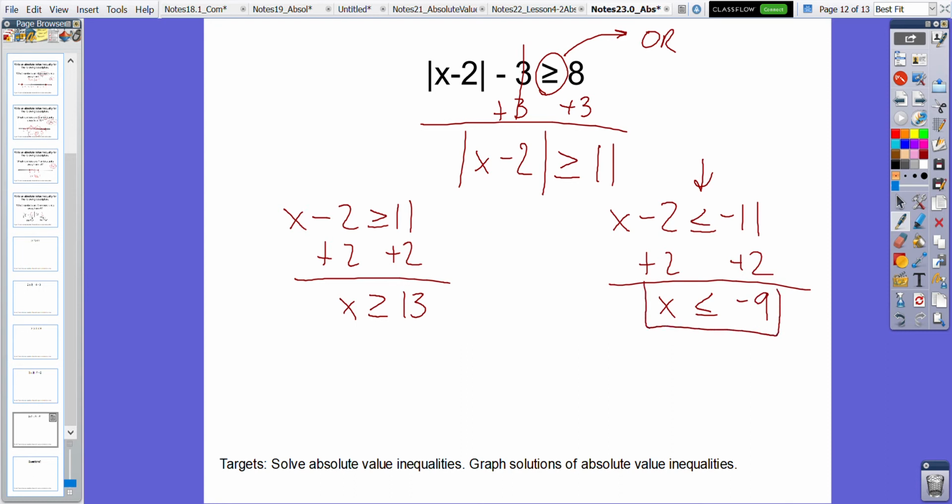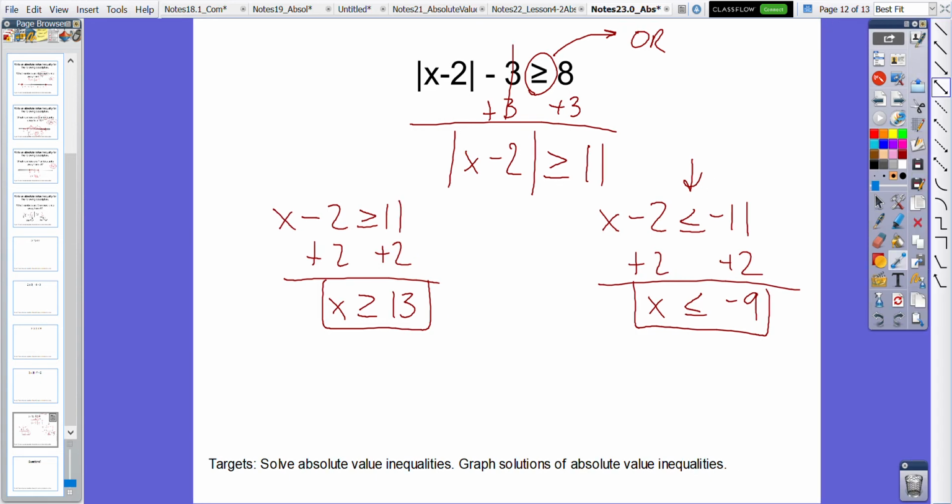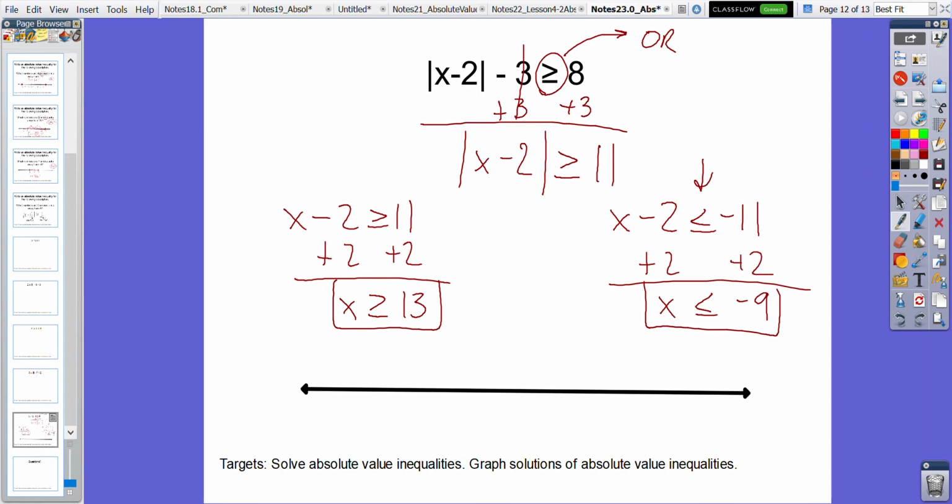Going to graph these, I just discovered a new tool on my ActivInspire here. If I go to graph my line, this is pretty cool. Check this out. Whoa! So then I go ahead and graph it. I get negative 9 on the left, 13 on the right. I know my numbers, I promise. On my number line, closed circle over negative 9, closed circle over 13.